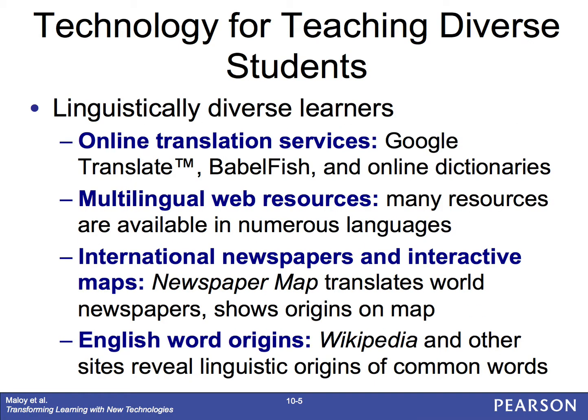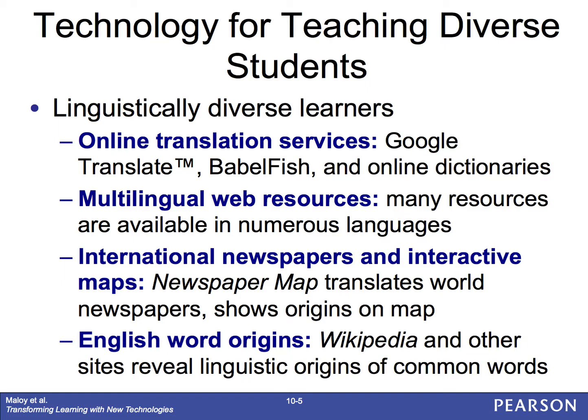Linguistically diverse learners: there are some really good online translation services. Google Translate, for example. Bing does a really good job of translating. Even Facebook does. So there are a lot of good, free translation services. And there are a lot of multilingual web resources available in all types of languages.